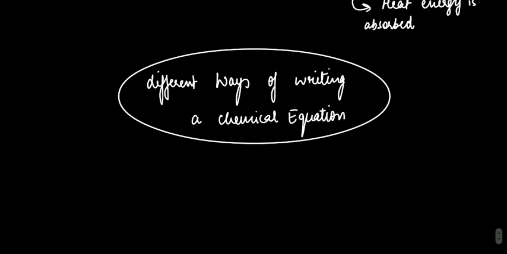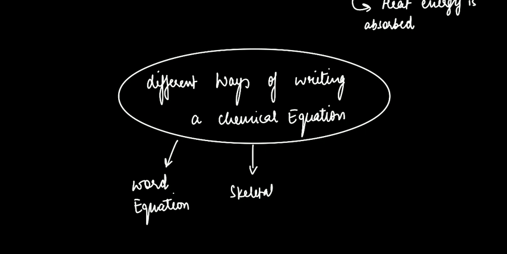So the very first way is something called a word equation that we just did. But the point is, in a word equation, do you see the formulas, the number of atoms? Are we able to balance the chemical equation? No. Then we go to the skeletal equation, something we even call a symbolic equation.